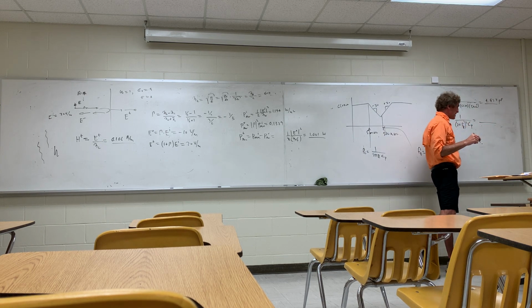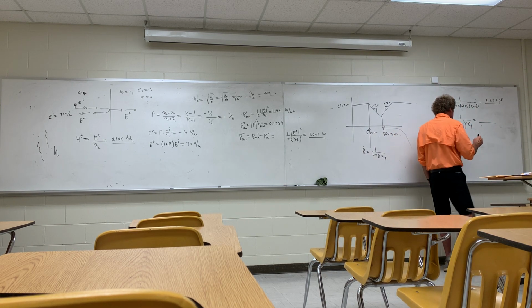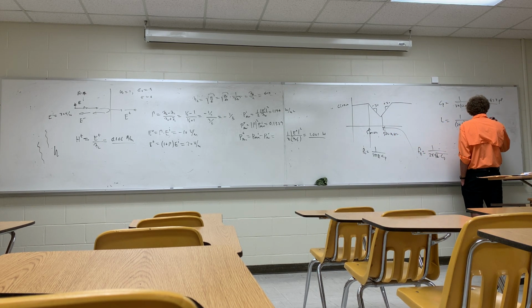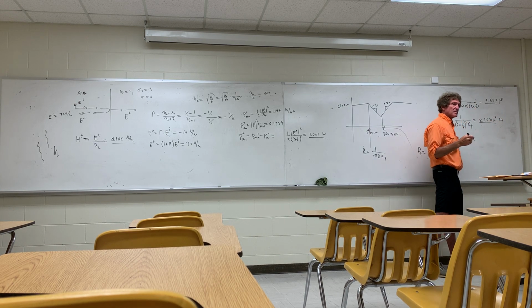And what is that going to be? 2.10 times 10 to the negative 8. Times 10 to the minus 8? Yeah. And that would be in Henrys, or it's about 21 nanohenrys.